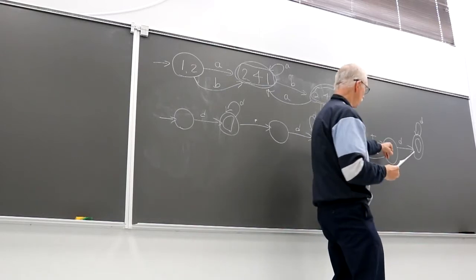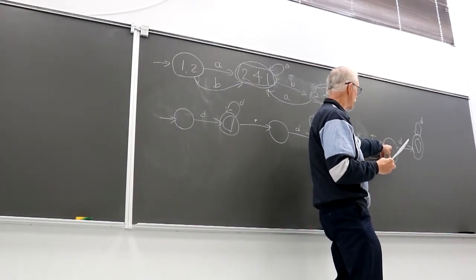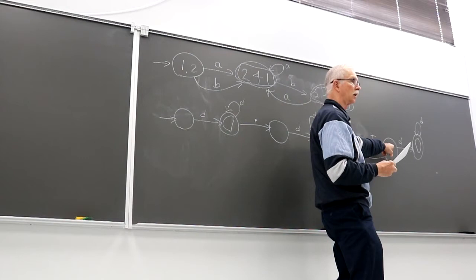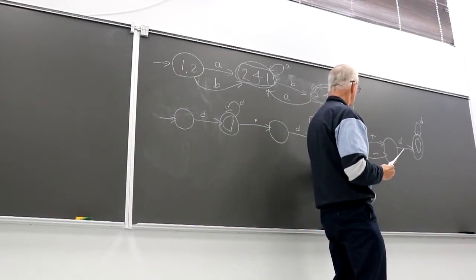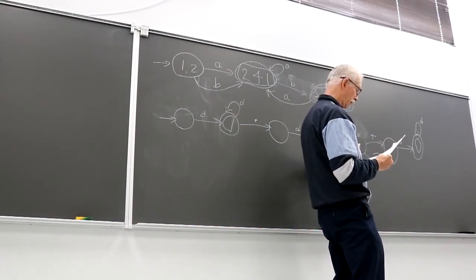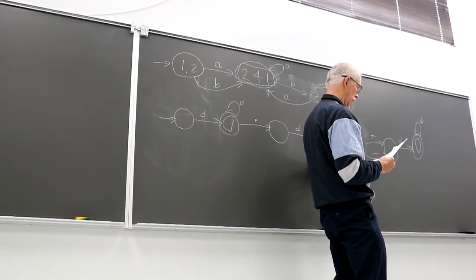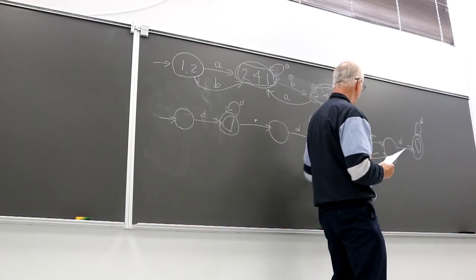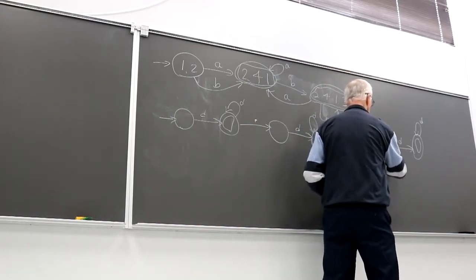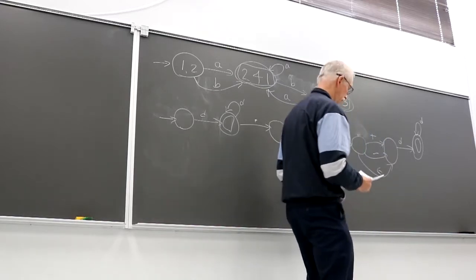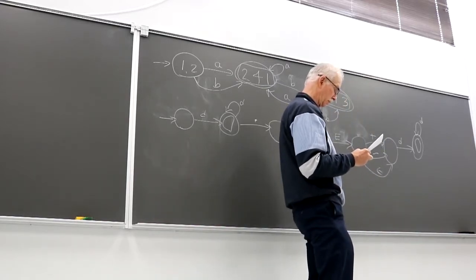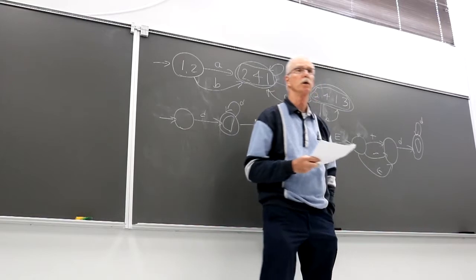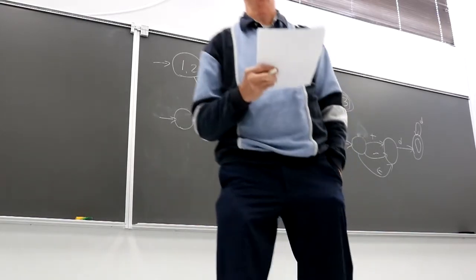Okay, so this can't be a final state because if I do get to here, I must see digits. On the other hand, I may not see a plus or a minus. So I need an empty transition here to skip pluses or minuses. So I would argue that is a finite state machine that works.